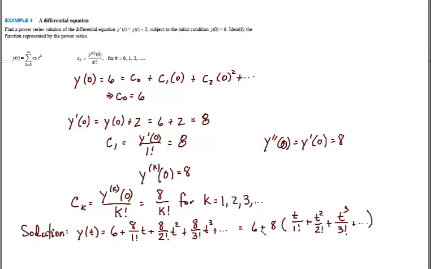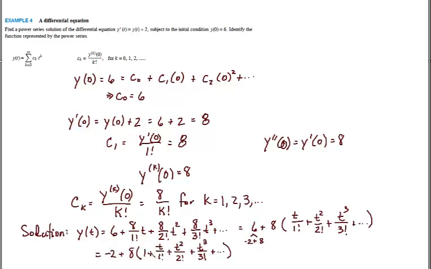So what if I break up this 6 and say that 6 is actually equal to negative 2 plus 8?